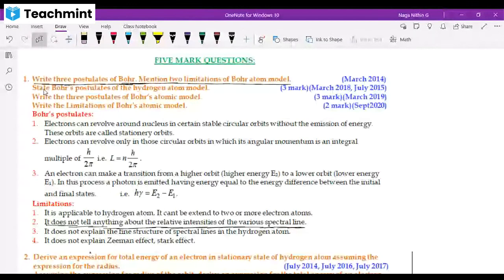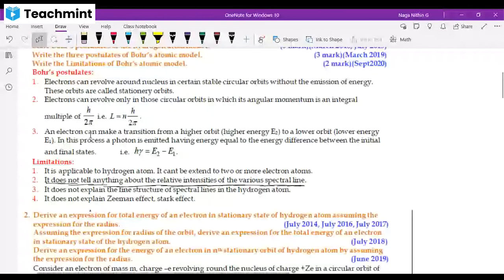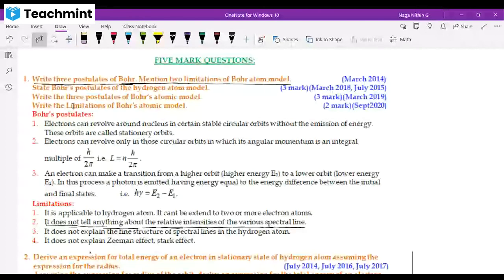If you have already prepared this question, my suggestion is to remember the questions and just note them down. The terminology you prepared may differ, that's why I suggest remembering these questions: write three postulates of Bohr, mention two limitations of Bohr's atomic model. That will be a 5 marks question.